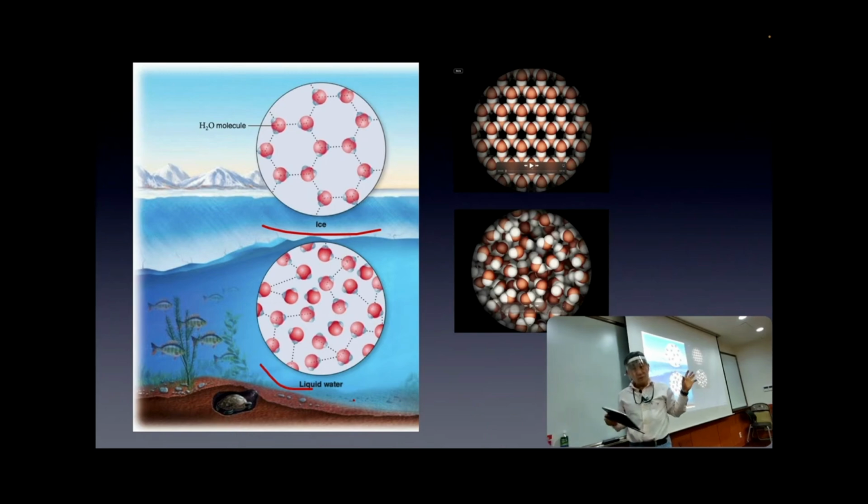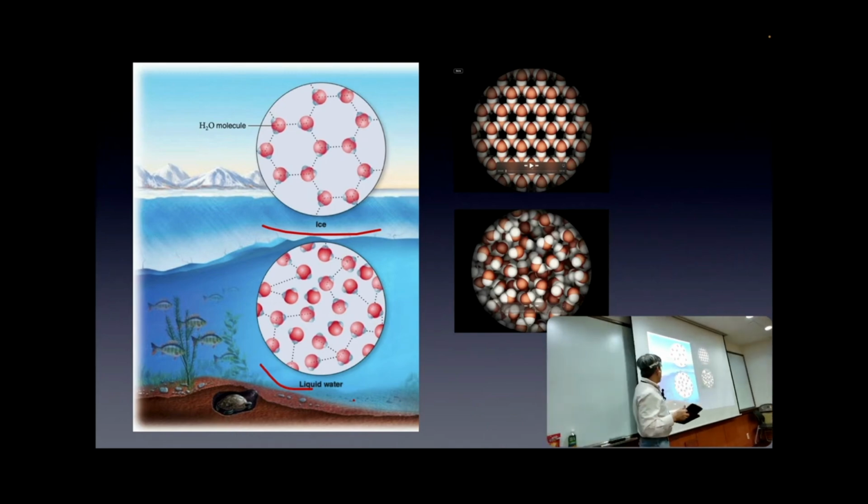And the significance of this is as follows. During the winter in a temperate climate, when ice forms on the surface of water, like on a pond or river, ice will float because of this less dense property. So it spares the life forms underneath.